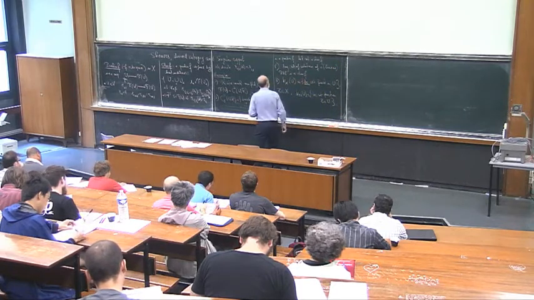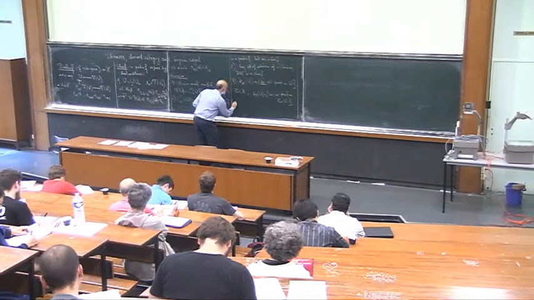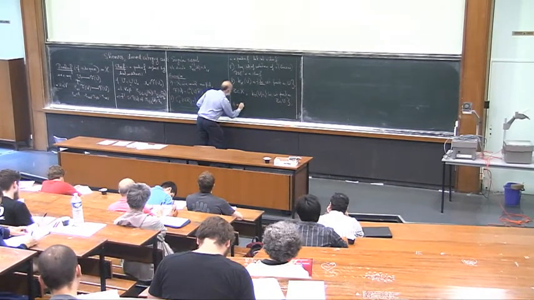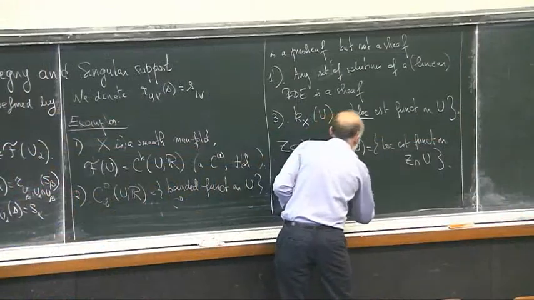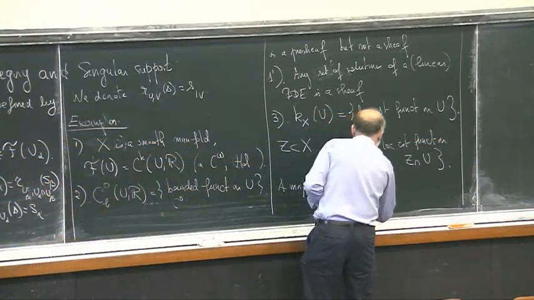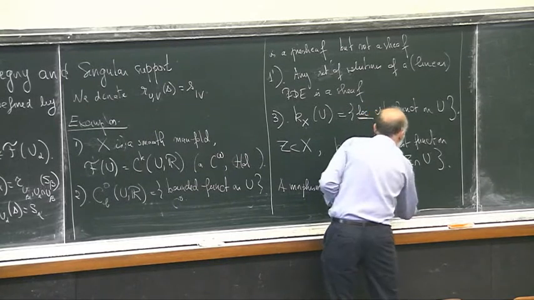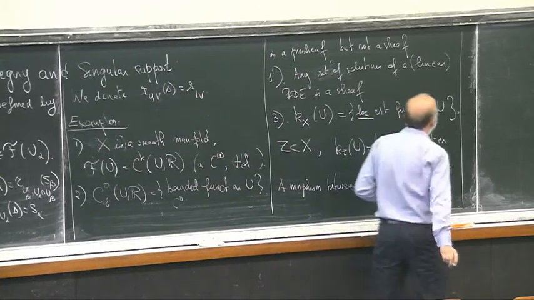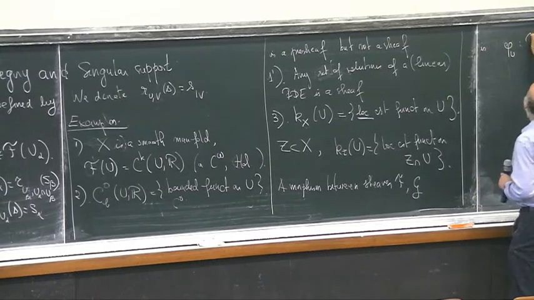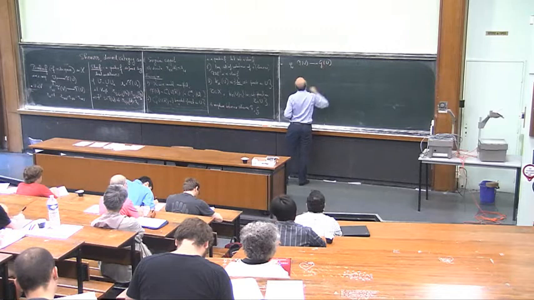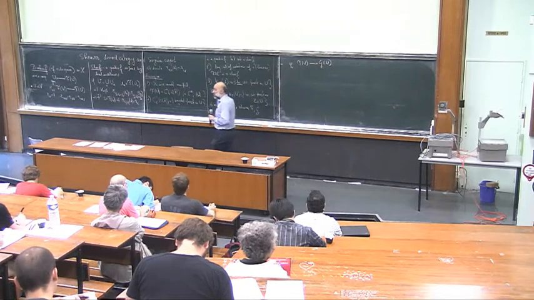Now, once you have this, you have morphisms. A morphism between sheaves F and G is a family of maps phi_U from F(U) to G(U), and this has to commute with restriction.